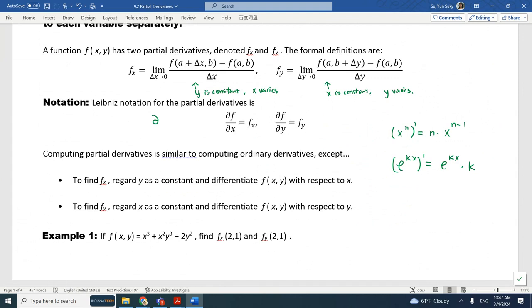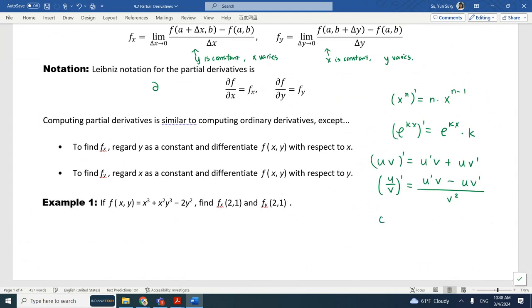And we also have the chain rule: dy dx is dy du times du dx.